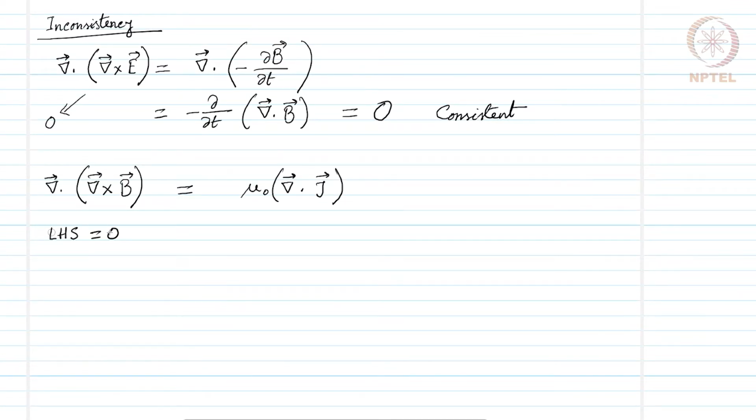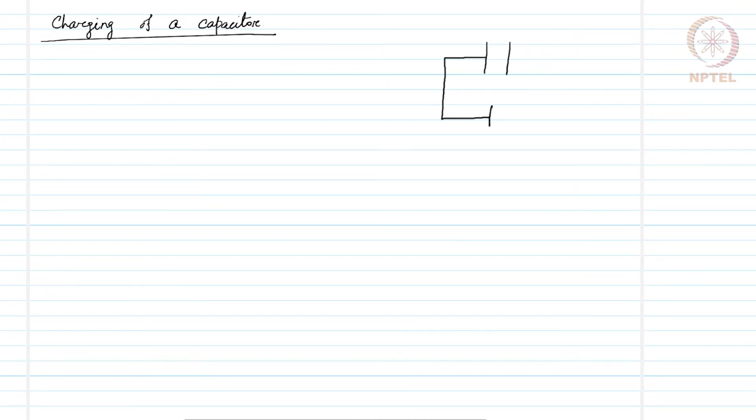Let us consider the case when a capacitor is being charged. So, we draw a circuit here. It is a parallel plate capacitor, and it is connected with a battery like this.